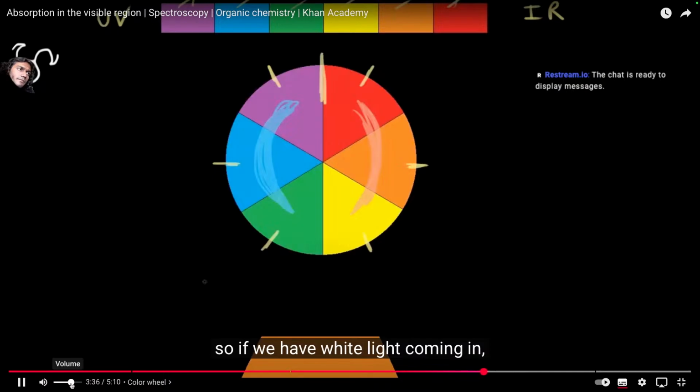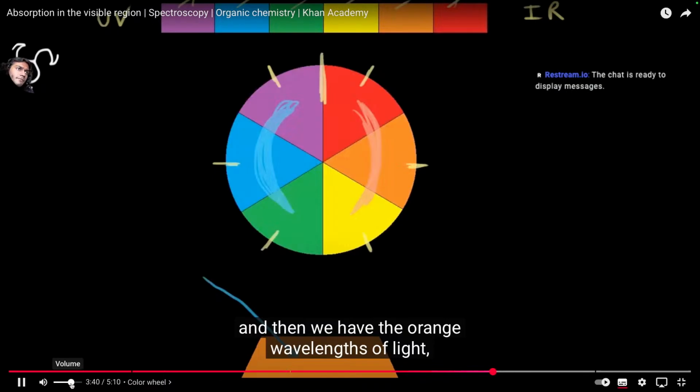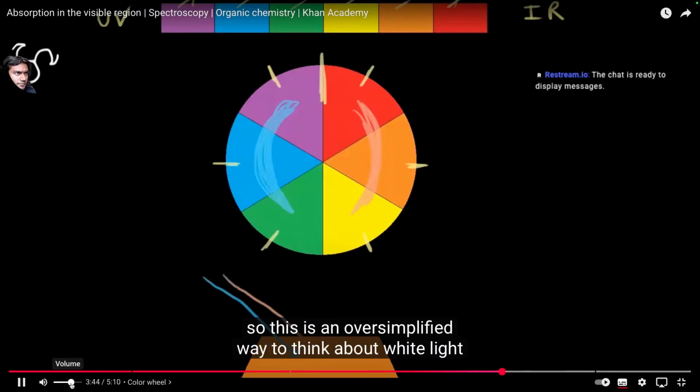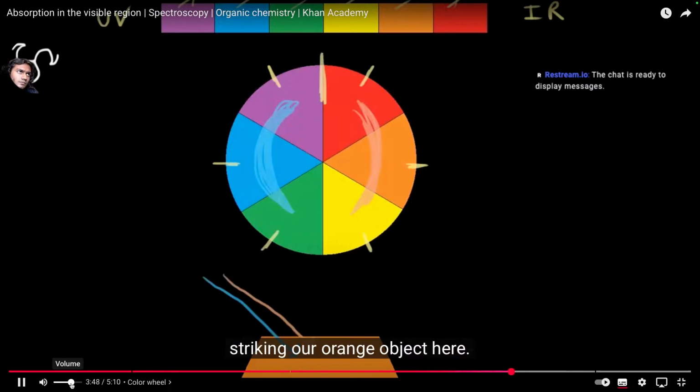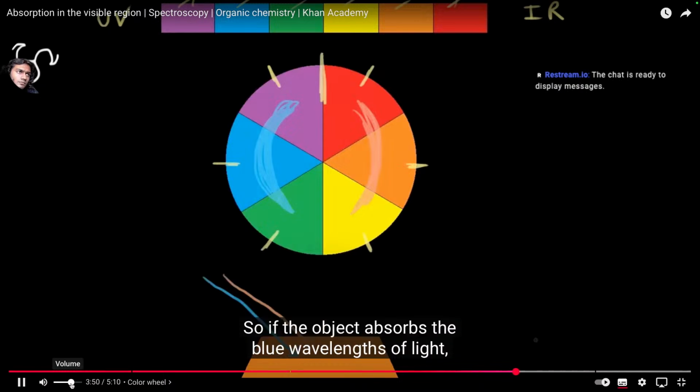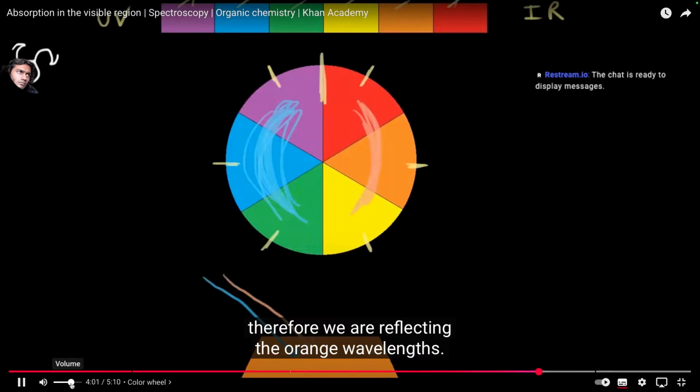So if we have white light coming in, here are the blue wavelengths of light, and then we have the orange wavelengths of light. This is an oversimplified way to think about white light striking our orange object here. So if the object absorbs the blue wavelengths of light, then we are reflecting the orange wavelengths.